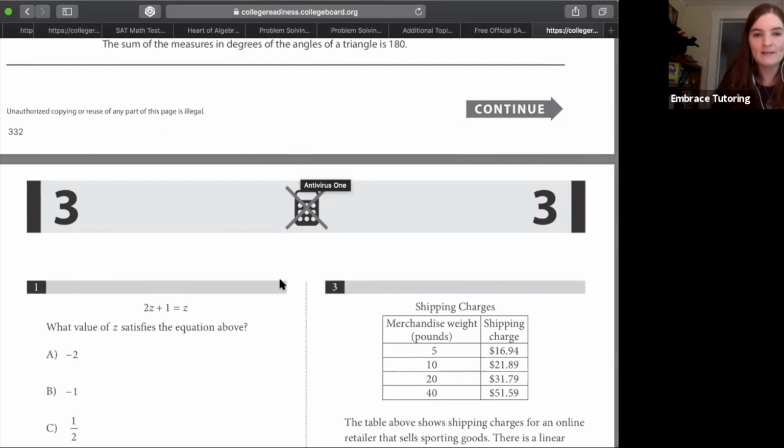Okay, so someone did ask, are we already signed up for the SAT or do we have to sign up ourselves? You should check with your school, because I believe the majority of you are taking it at your school. Check with your teachers, make sure that you're not automatically signed up for it because you're part of this class.